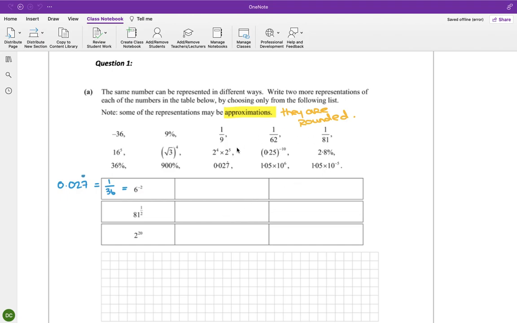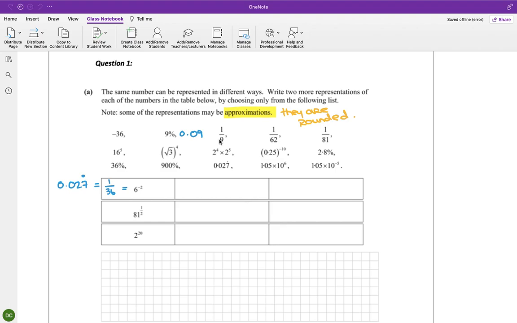Right, so now I'm looking up here. It's obviously not going to be this one or this one or this one because I know it's 1 over 36, so it's not going to be any of them. 9% is 9 over 100, so that's just 0.09, so it's not that one. I'm going to check root 3 to the power of 4.